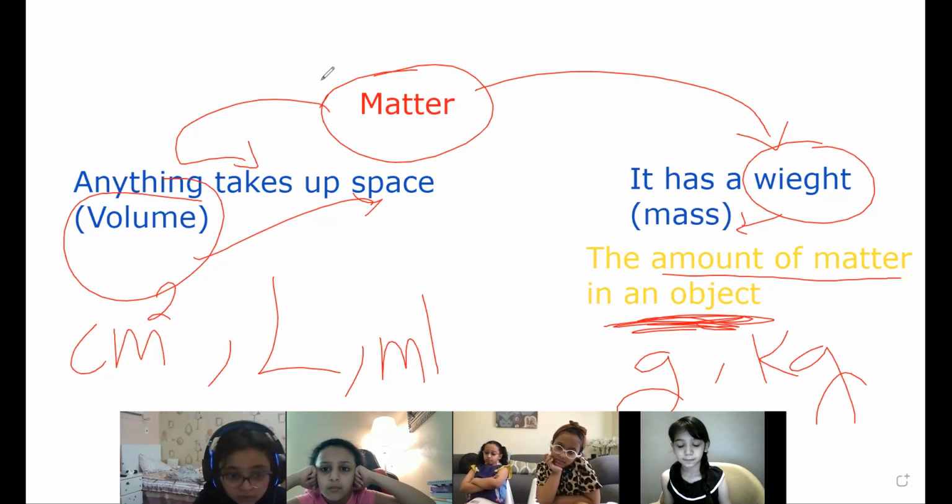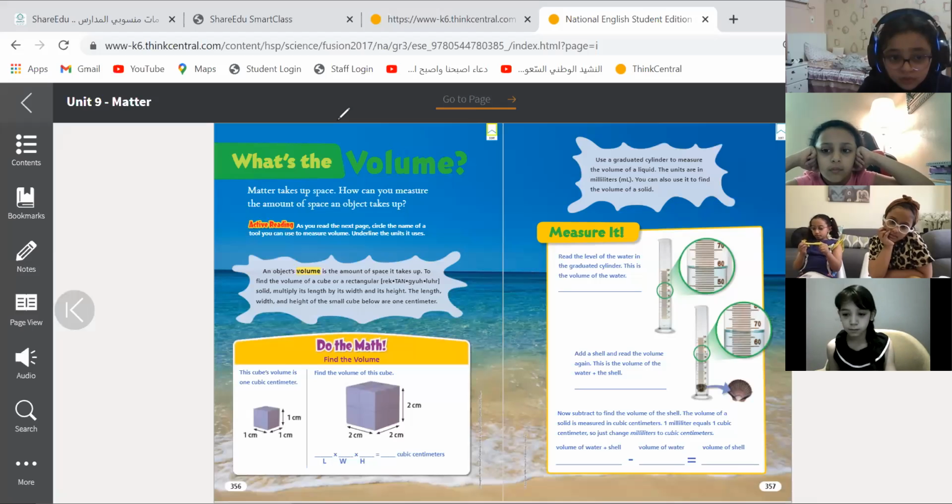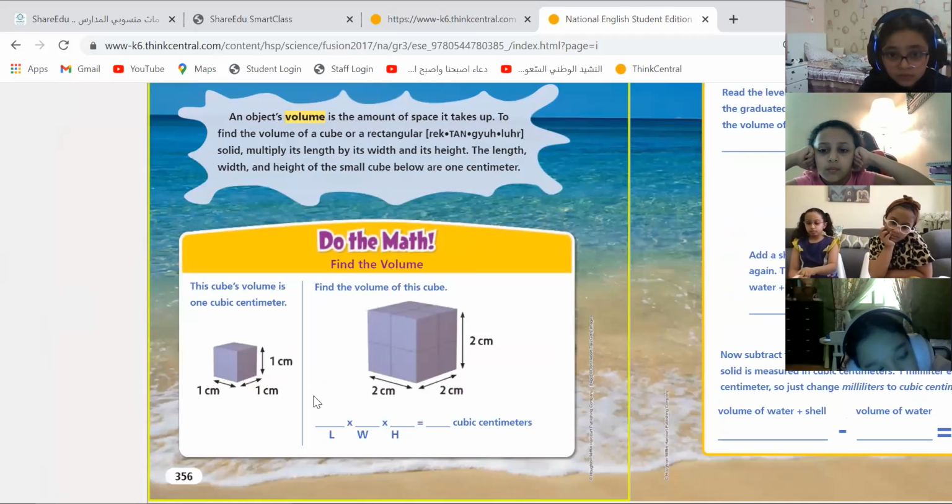Now, let's go back to the book. So over here, when you ask about the amount of space something takes up, look at this cube.